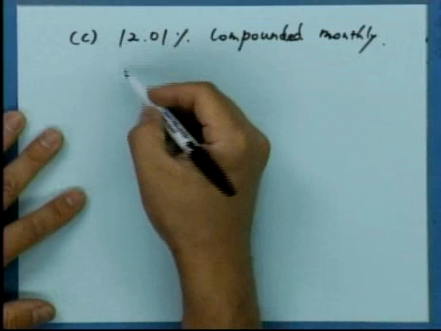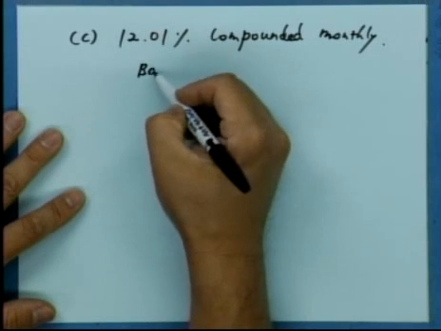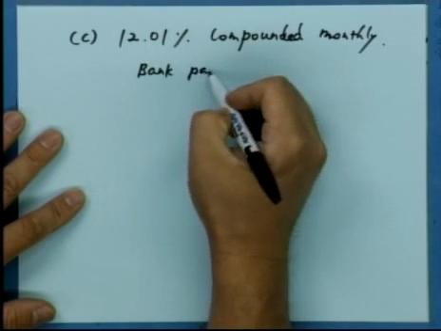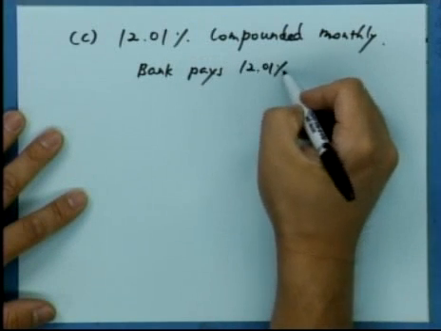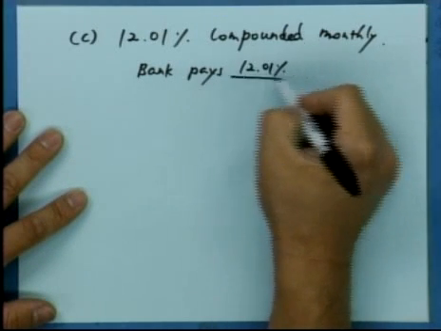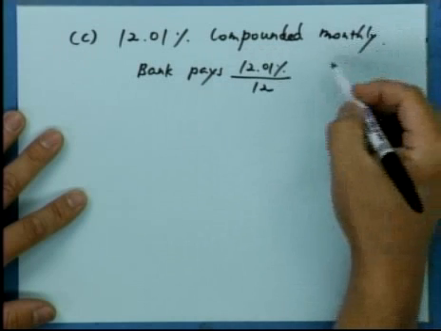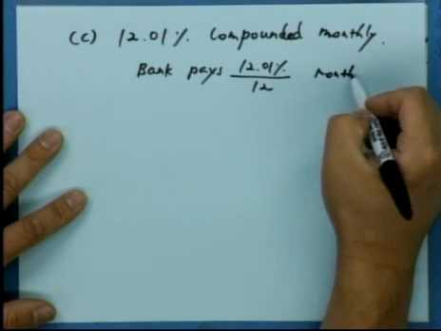So this means that the bank pays 12.01% over 12 monthly.